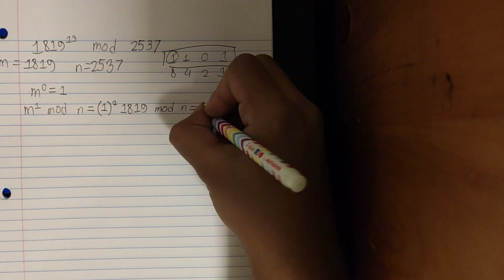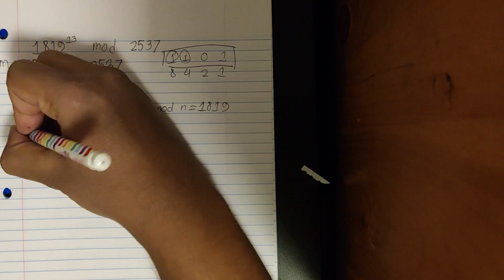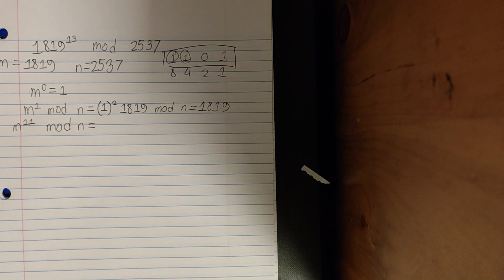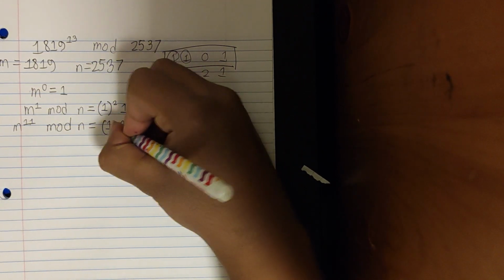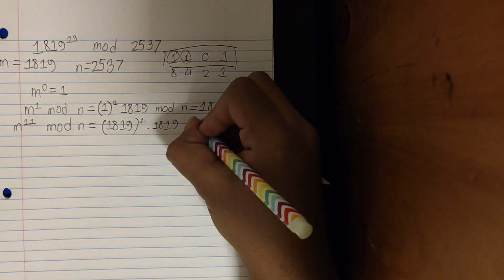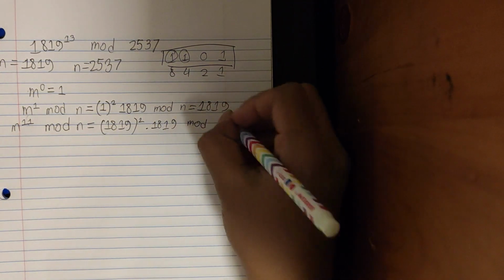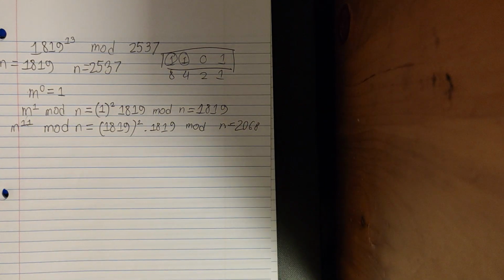You don't even need a calculator for this, it's 1819. Then we take the next one, m to the power 11 mod n. Like that, we take the square of the previous number, so here it's 1819 squared. As there is a 1 here, we multiply it by m again. I know this might sound a bit confusing at first, but after the last step, this will become clear. So this mod n, if you did the calculation, will give you 2068.